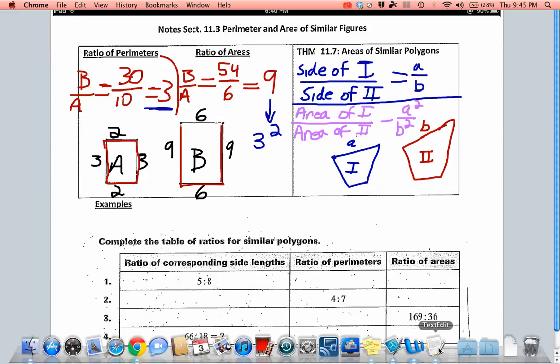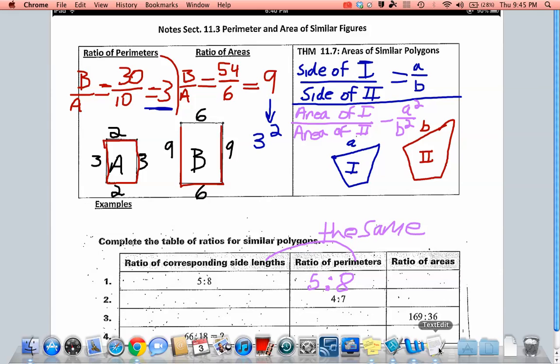Okay? So, if I'm given the ratio of the corresponding side lengths, perimeters are the same. So the ratio of the perimeters is going to be 5 to 8. Remember that we can write ratios as fractions or in ratio form.